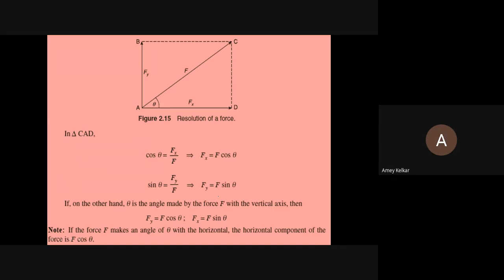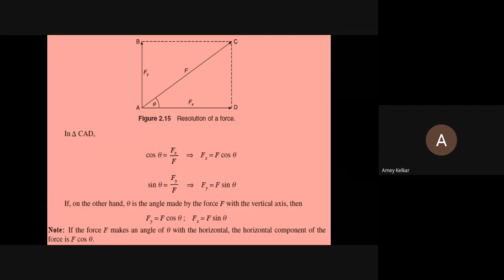Now it can happen that the angle is with the vertical. That means theta is with AB. The AC force is making an angle with the vertical AB. In that case, Fy will be written as F cos theta and Fx will be written as F sin theta. So what you have to remember is to see with which axis the angle is there. If the angle is with the horizontal, the component will be cos.